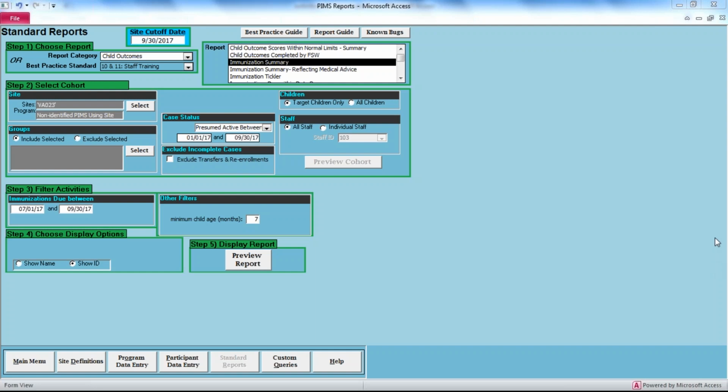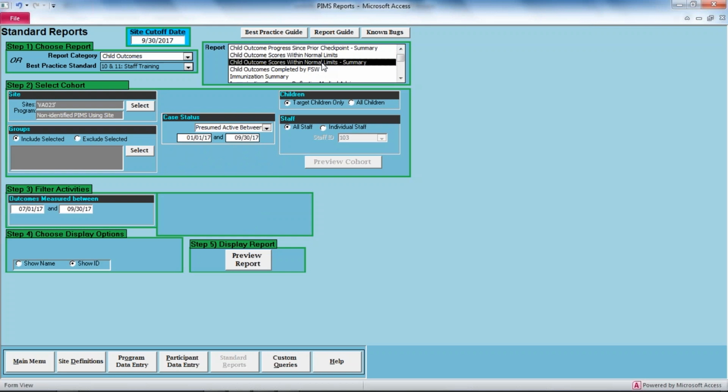Okay. The question was asked, my Piccolo report shows up on the same report as the ASQ. It does, but that's the count of how many people did it, not the count of within normal limits. So you have to use the outcome scores within normal limits summary.